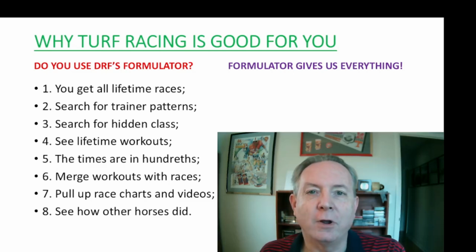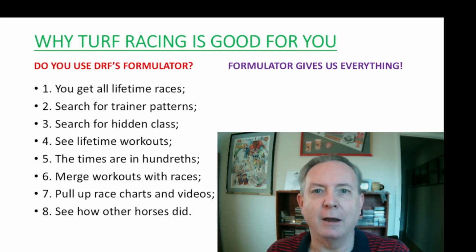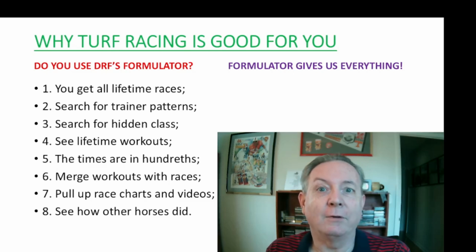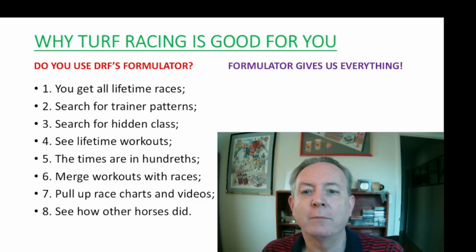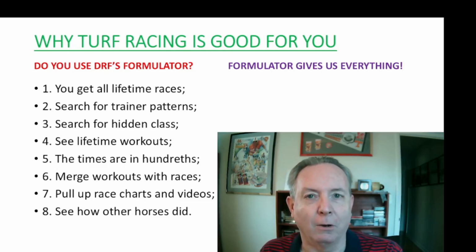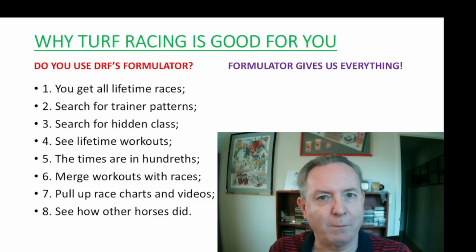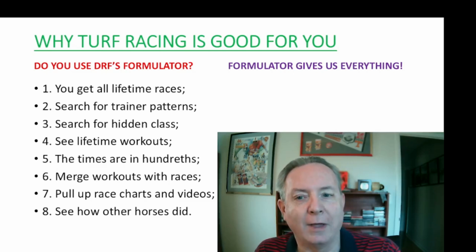You can merge the workouts with the races, so you can see the type of workouts that are being done before a horse goes into a race, whether they're off a layoff, whether they've been racing for a while. You can get an idea of how the trainer thinks about a horse. You can pull up race charts and videos. You can actually look at the chart from the previous race, see everybody else that was in the race, see how the race was actually run, and then you can click on the video and watch that as well.